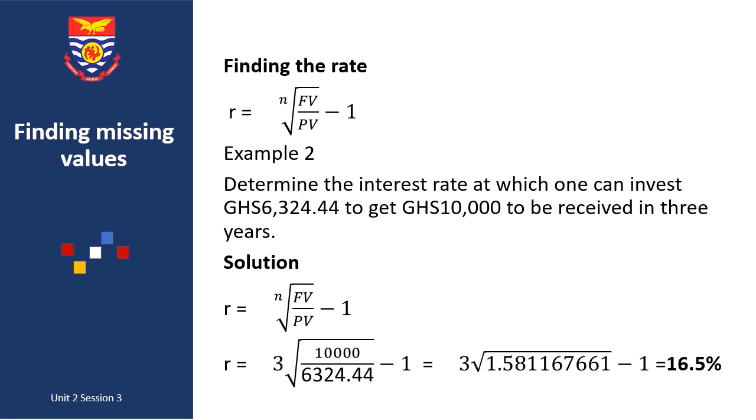Right, so the future value is 10,000. What you are investing is the present value, which is 6,324.44, and the number of years to be received is 3 years. Substituting these figures into the formula, you have the cube root of 10,000 divided by 6,324.44, all minus 1.